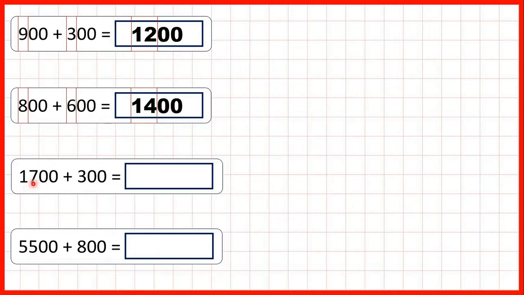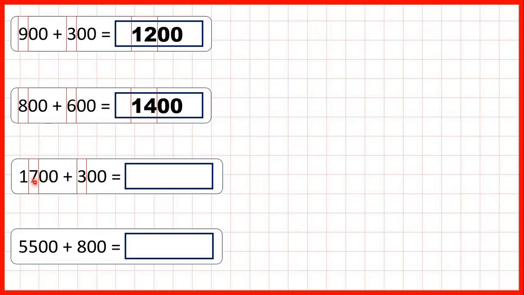Now we have 1,700 plus 300. We need to be careful with this question to make sure that it's the hundreds digit that we're highlighting. So we start with 7 hundreds and we're adding 3 hundreds, but that would give us 10 hundreds, which is the same as 1,000.